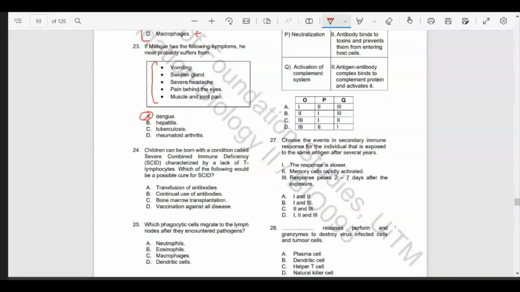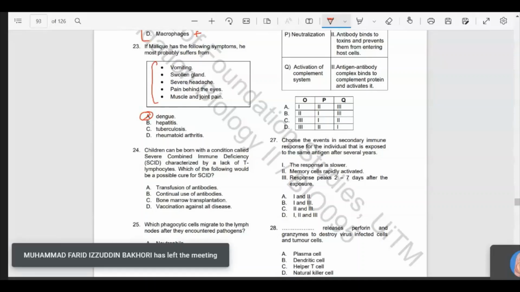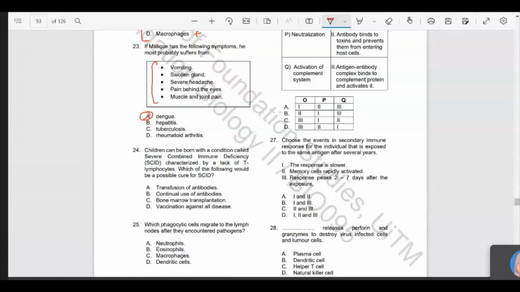Next, 24, Yasmin. Children can be born with a condition called severe combined immune deficiency, SCID, characterized by a lack of T lymphocytes. Which of the following would be a possible cure for SCID? C, bone marrow transplantation. So SCID falls under which category of immune disease? Immunodeficiency or autoimmune disease?